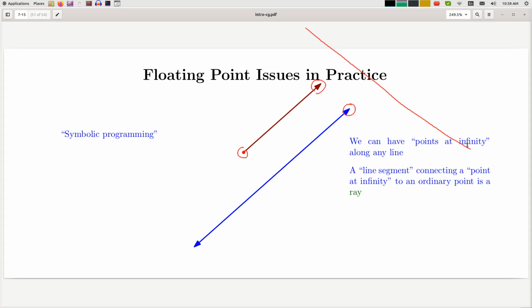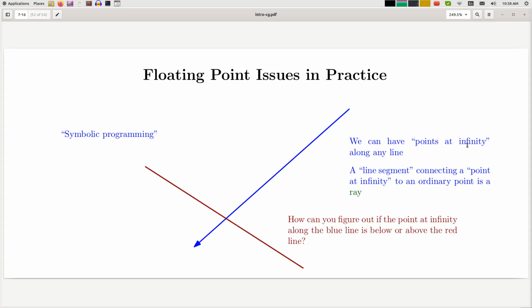But this is a kind of powerful notion and the basic idea is that using these symbolic representations, you could actually augment your predicates to be able to handle these symbolic points. So for example, if I define a point at infinity along this line, how do I know whether this point at infinity is below or above the red line? So let's say I want to do an orientation test with this symbolic point.